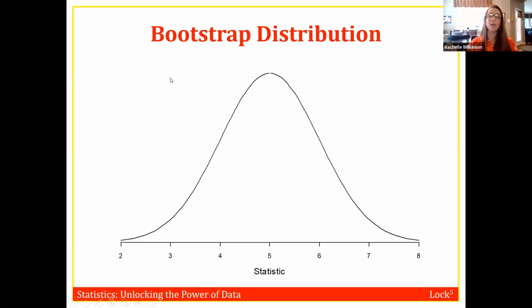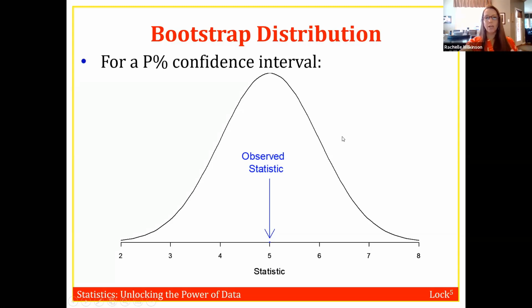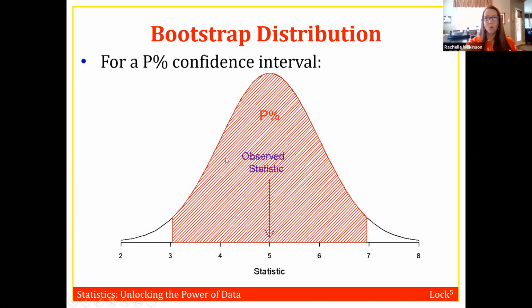Okay, so our bootstrap distribution, most of the time it's bell-shaped symmetric, so if we smoothed out all those dots, it might look something like this. And the observed statistic, our original sample statistic, is what's going to be in the center of our bootstrap distribution. So when we're trying to construct a confidence interval using the percentiles, what we want to do is get P% of the dots, if we're using a dot plot, which we pretty much are in this class.